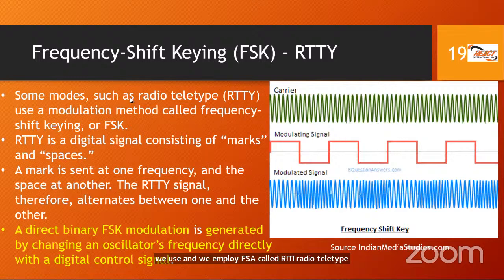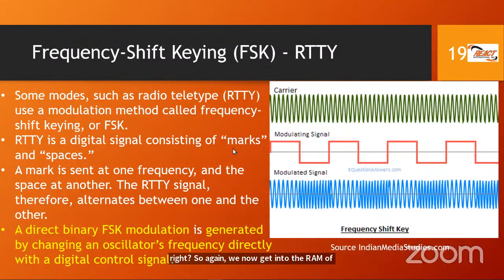Some modes, such as RTTY, which stands for radio teletype, use a modulation method called frequency shift keying, or abbreviated FSK. Now, RTTY is a digital signal. So again, we're getting into the realm of digital modes, consisting of marks and spaces.